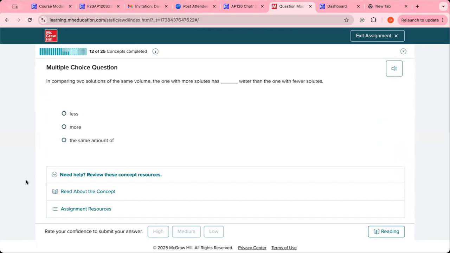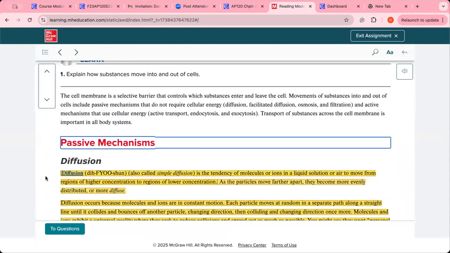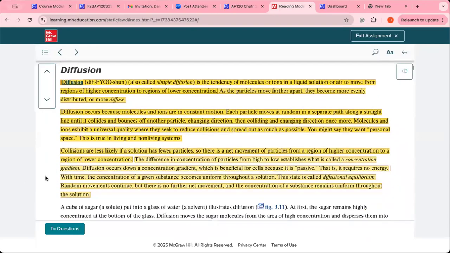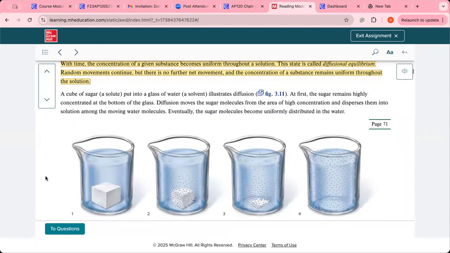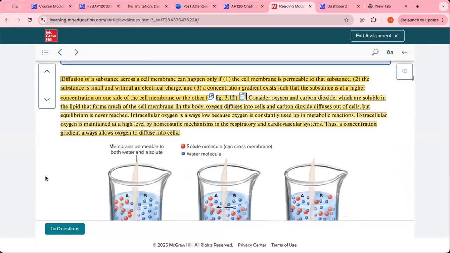Let's keep reading it and see. Okay, I read that. Keep going. Cell membrane.